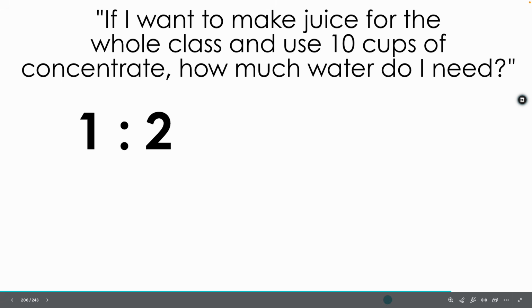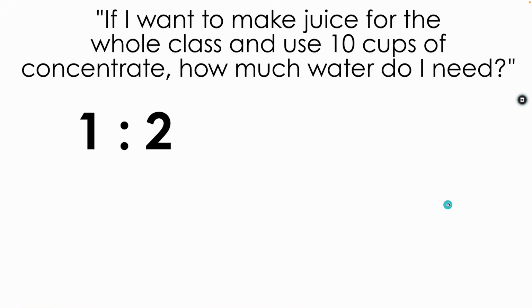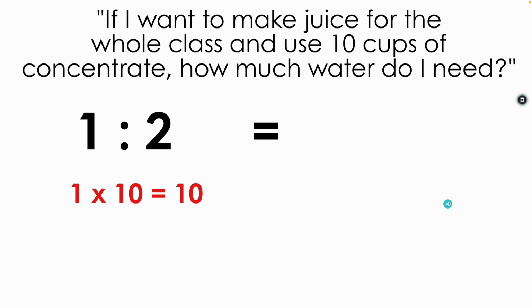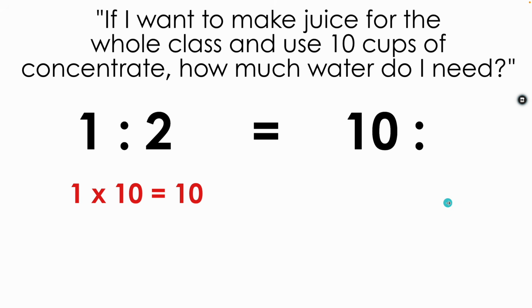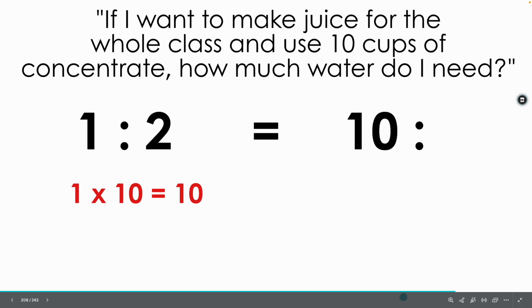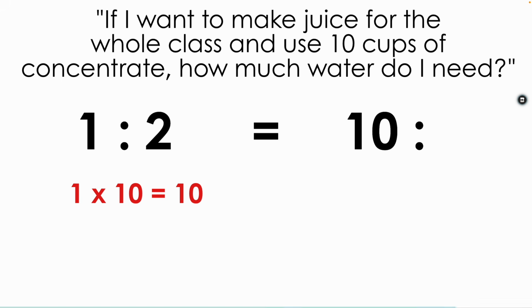So our original ratio is 1 to 2, right? We know that 1 needs to become 10. So we multiply 1 by 10. Remember, when we're working with ratios, we must do the same operation to both terms.